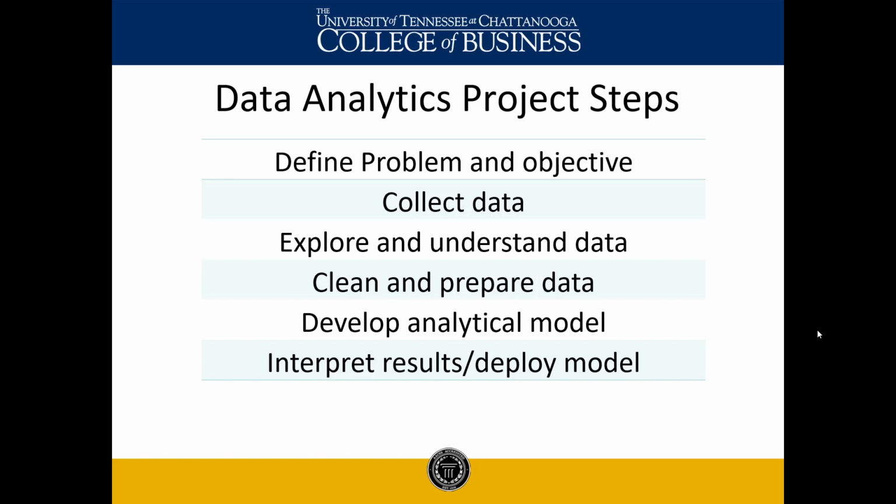There is no variable that is already there. There is no column which says this student is at risk or this student is not at risk. So how do you figure that out?